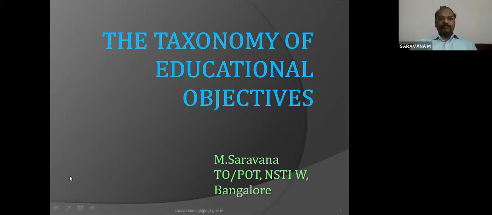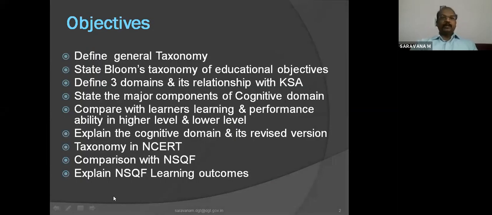The objectives of the presentation are, after completion of this presentation, you will be able to define the general taxonomy of educational objectives, and define the 3 domains and their relationship with knowledge, skill, and attitude. State the major components of the cognitive domain and compare learners' learning and performance ability at higher level and lower level.